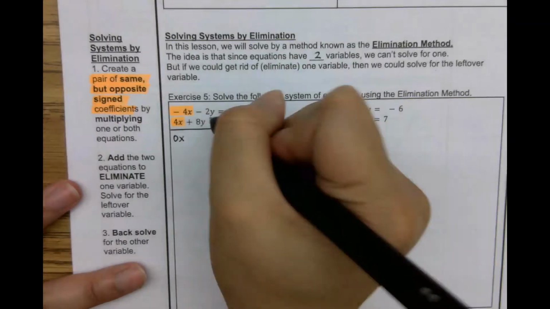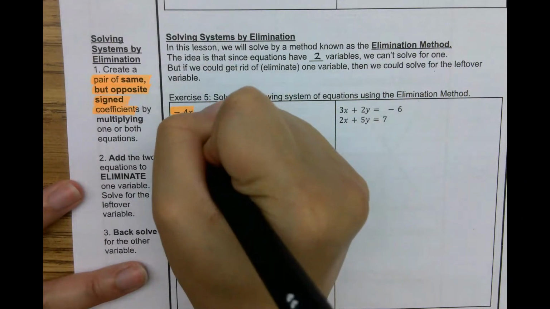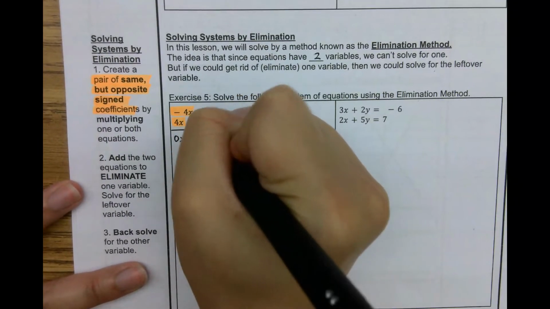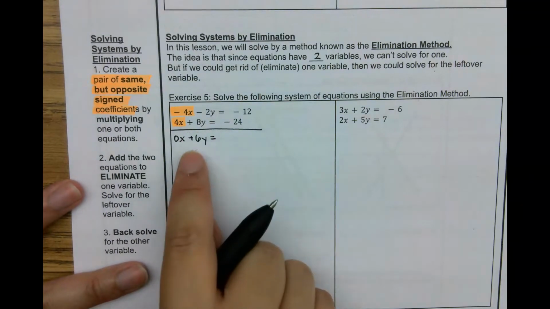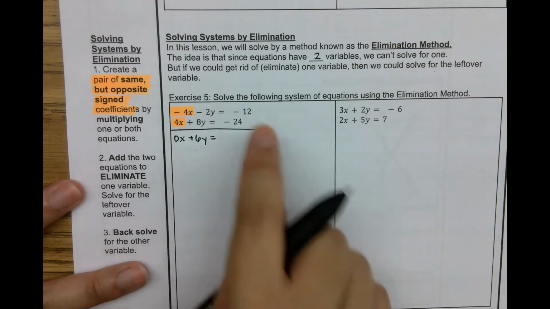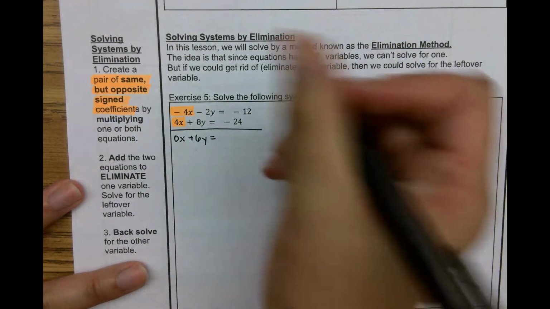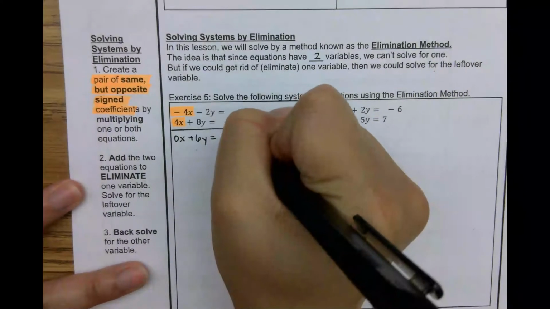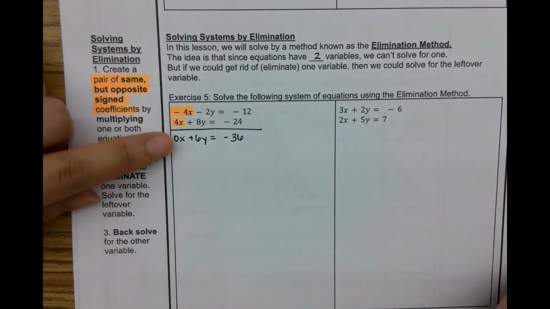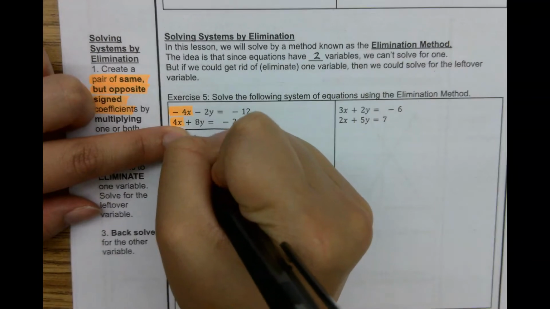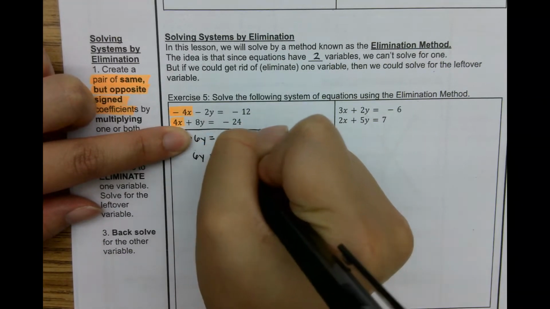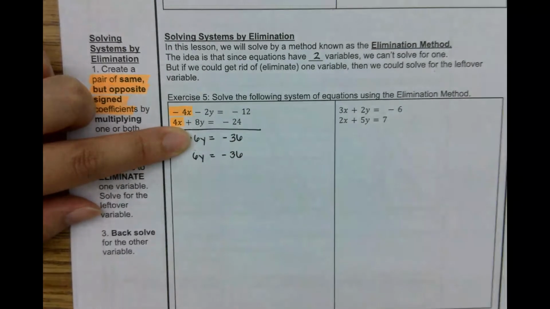Negative 2y plus 8y is a positive 6y, right? If I have negative 2 and I add 8, I now have a positive 6. And then negative 12 plus negative 24 is negative 36. Really I didn't have to write the 0x, because if there are 0 x's, it's not there. All I have is 6y equals negative 36.